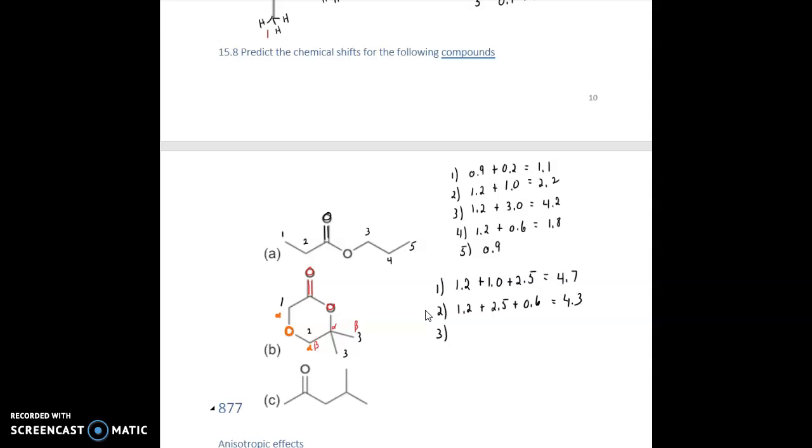The protons at the 3rd position are methyl, so they start at 0.9, and they are beta to the pink ester that I drew, so 0.6, and we'll expect to see them downshifted to 1.5.